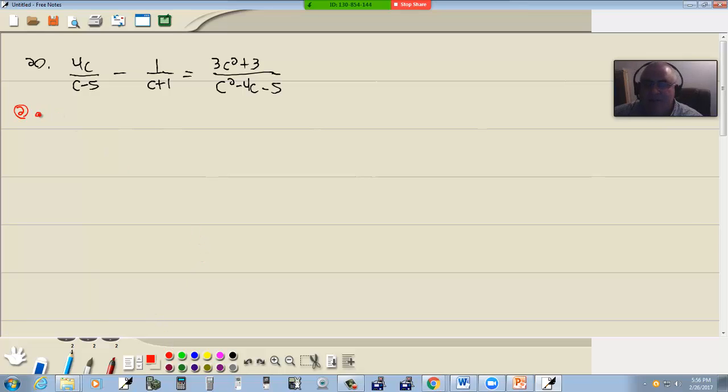Second step, get rid of fractions. And the first substep within that said to factor all your denominators. C minus 5 and c plus 1 I can't do anything with. But this is the PSD, because we have c squared, c, no c, and there's no number in front of your c squared. So we got 4c over c minus 5 minus 1 over c plus 1 equals 3c squared plus 3 over c minus 5 times c plus 1.